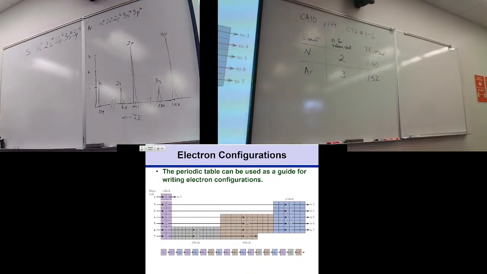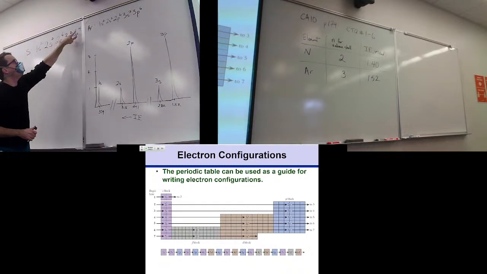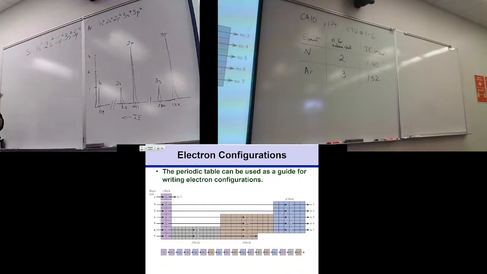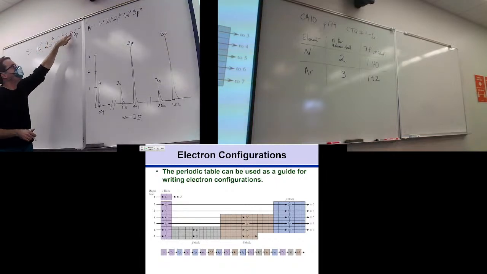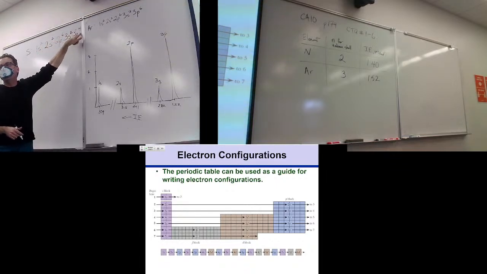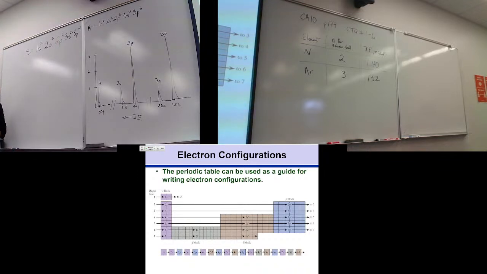Why is that? So remember that the electrons up here, the superscript, represent where all of the electrons in sulfur are. Sulfur has 16 total electrons. So 2 and 2 and 6 is 10, plus 2 is 12, plus 4 is 16. You have to have the correct number.